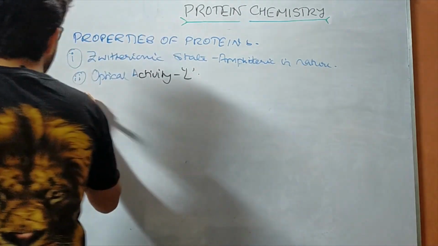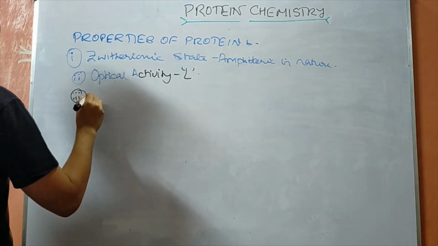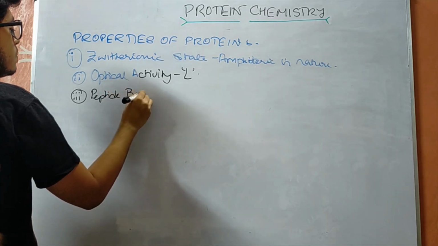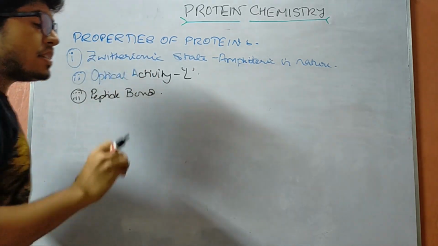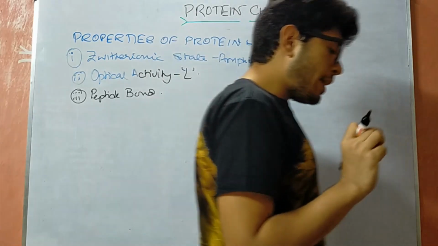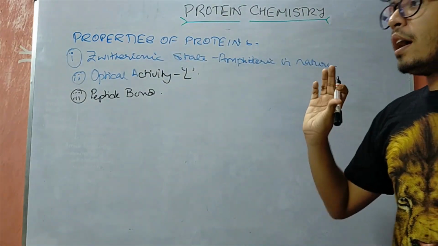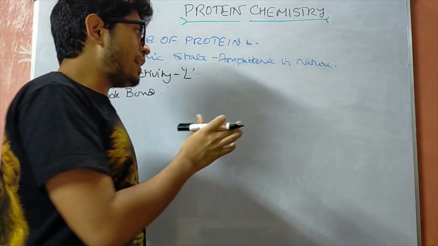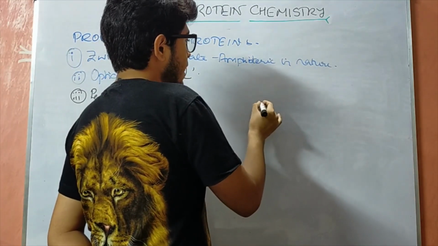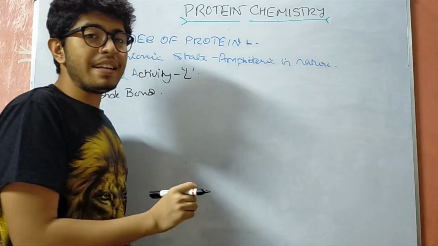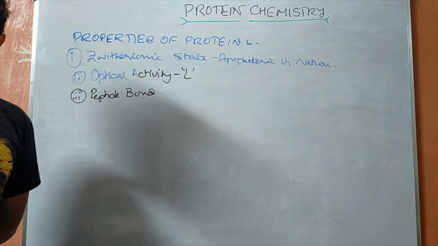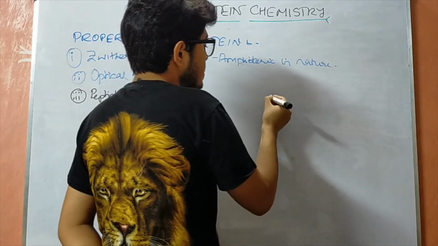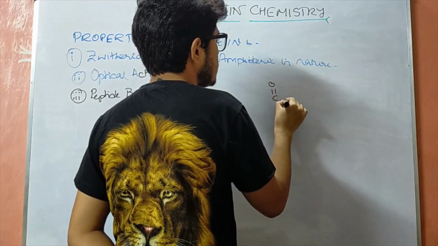Now the next property will be the peptide bond. What is a peptide bond? A peptide bond is a chemical bond which is formed between the COOH group of one amino acid and the NH2 group of the second amino acid.